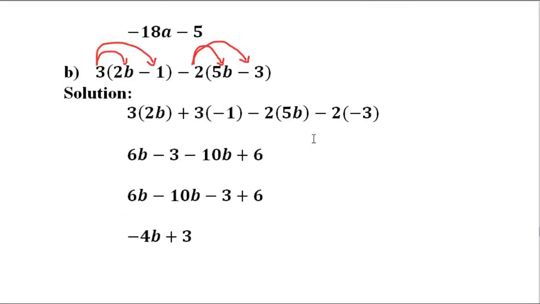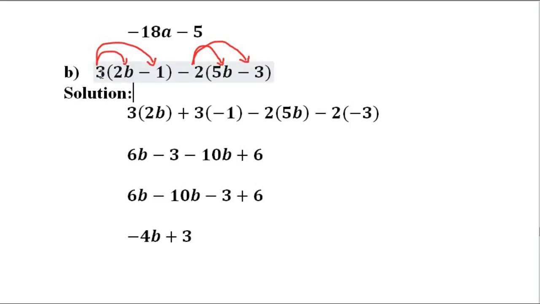Moving on to number 2, we have positive 3 and then in parentheses positive 2b and negative 1, negative 2 and then in parentheses positive 5b, negative 3. Now positive 2b and negative 1 are unlike terms, so we can't add or subtract those terms. What we can do is use the distributive property to remove the parentheses.